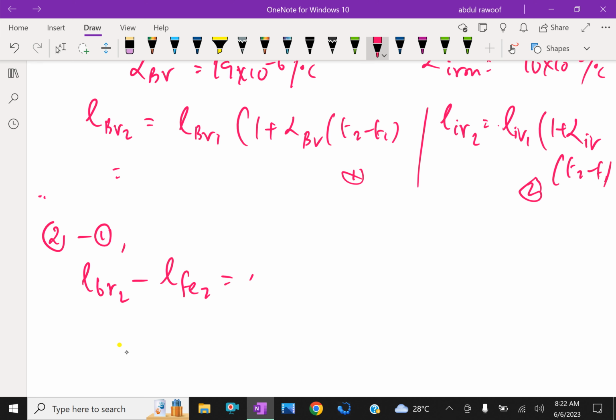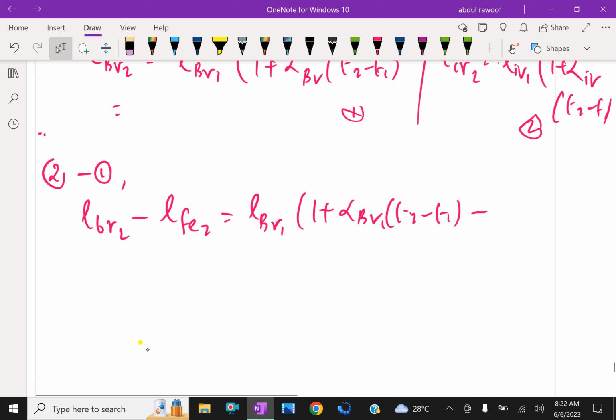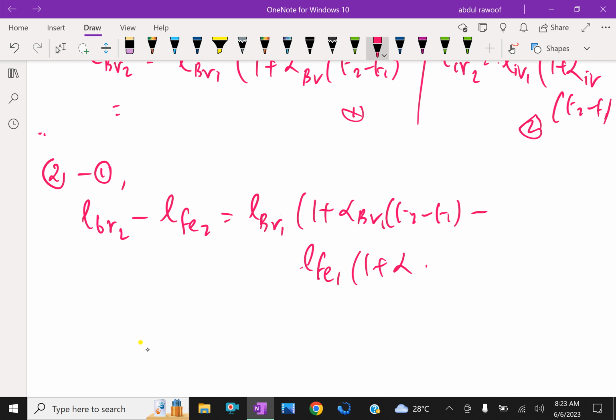It equals LBR1 into 1 plus alpha BR (T2 minus T1), minus LFe1, the iron rod, into 1 plus alpha Fe (T2 minus T1).